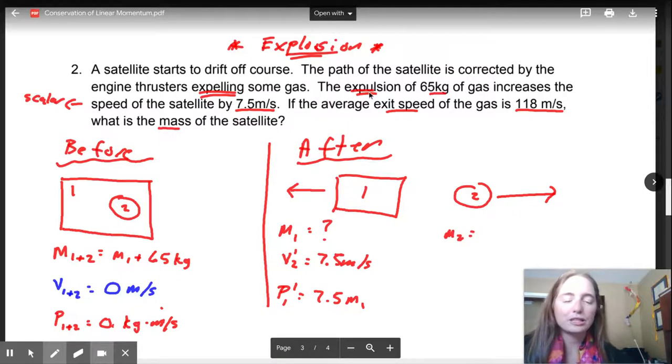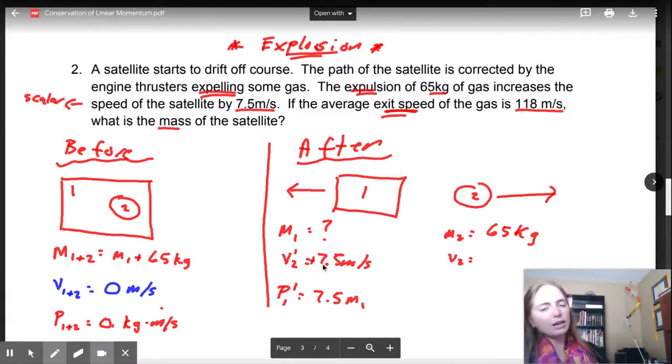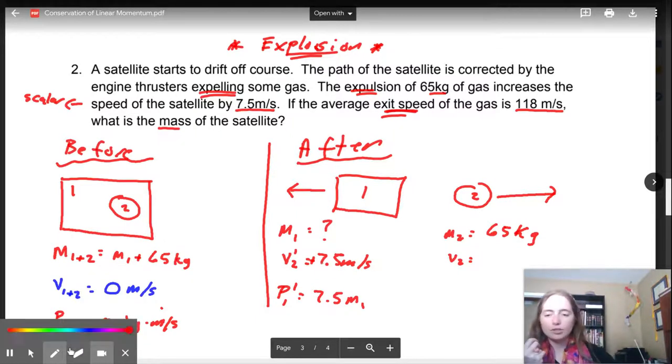M2, we've expelled 65 kilograms of gas, and the average exit speed of the gas is 118 meters per second. This, ladies and gentlemen, is where we're going to watch our positives and negatives. To make my life easier, I'm going to actively choose to make, I labeled that wrong, that should be a V1.